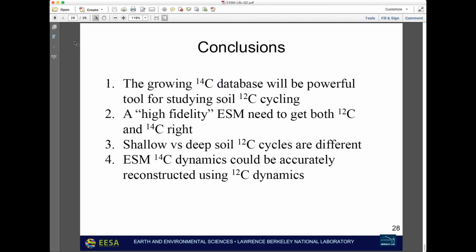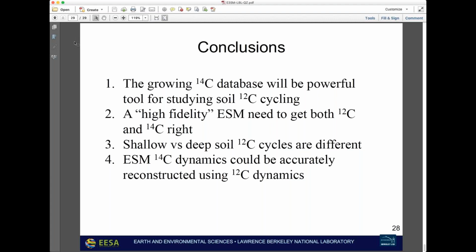So the conclusion is that the 14C database, or the 14C profile data, is a very powerful tool for studying the soil 12C cycle, but we want to pay attention to the spatial scale, because those databases report in situ level measurements, and the Earth system model normally simulates grid cells of about 100 kilometers by 100 kilometers.